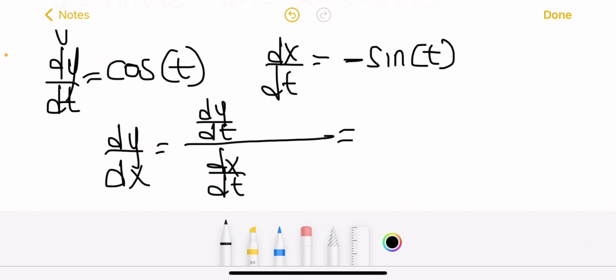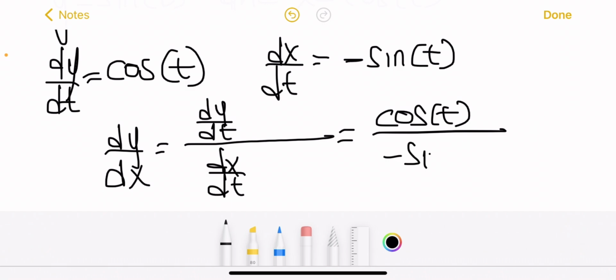This means that on top we'll have dy over dt, which is cos of t, and below we'll have dx over dt, which is equal to negative sine of t. The last thing that you must do now is to simplify so you can find your dy over dx in its simplest form.